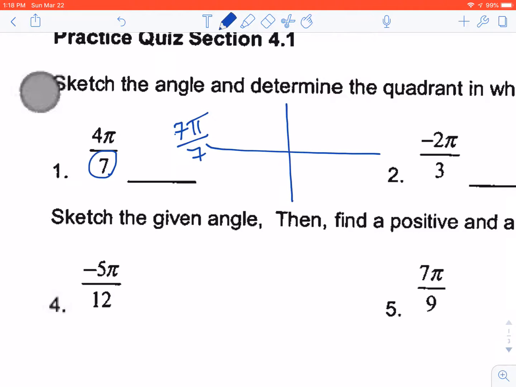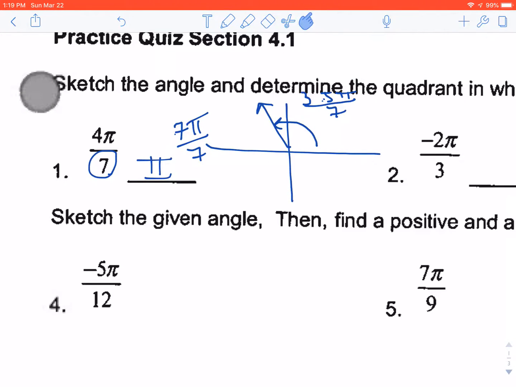And then I know half of it's about 3.5 pi over 7, which is bad notation to answer a question. I wouldn't want a decimal and a fraction, but it's my roadmap. So I'm just using it to help me figure out that 4 pi over 7 would be a little past 3.5 pi over 7. So that's going to be quadrant 2.